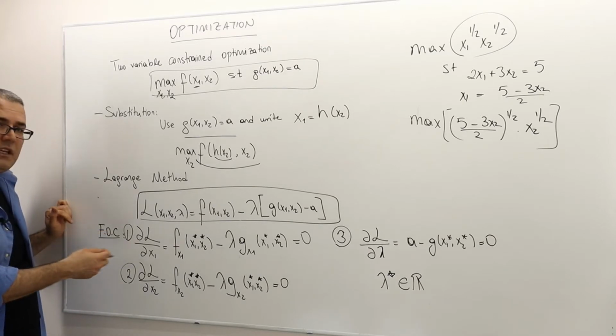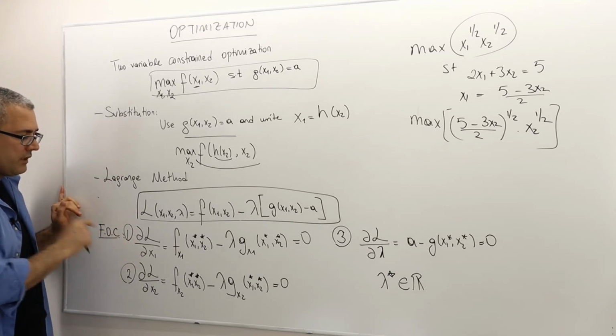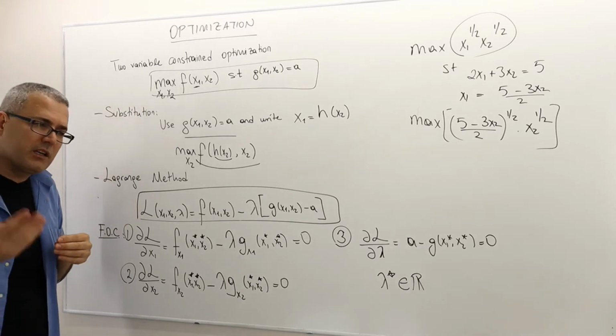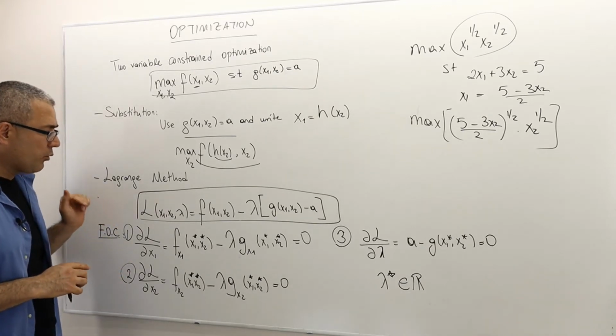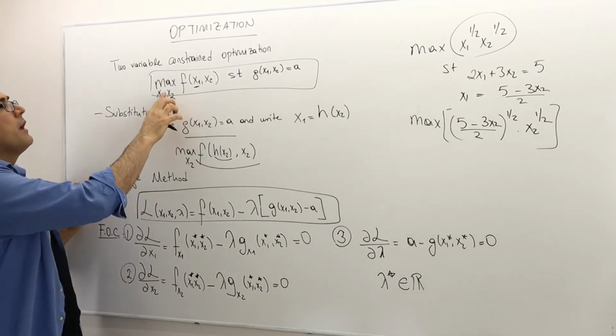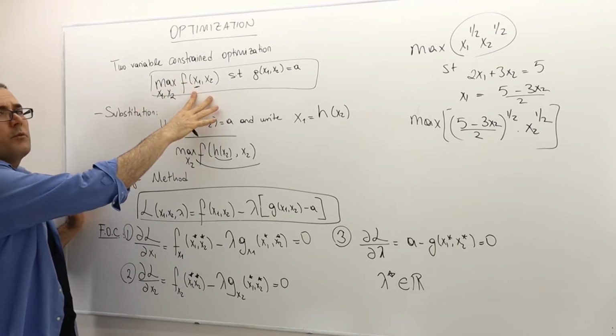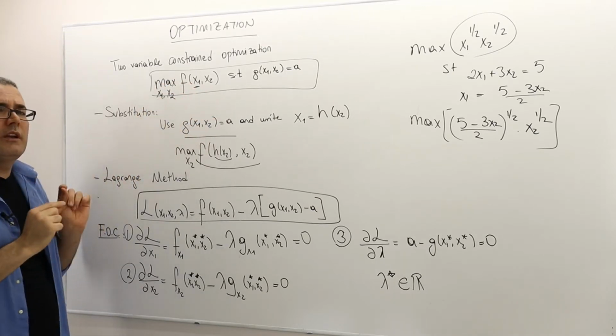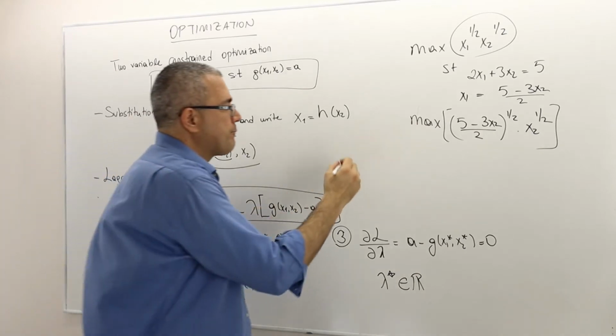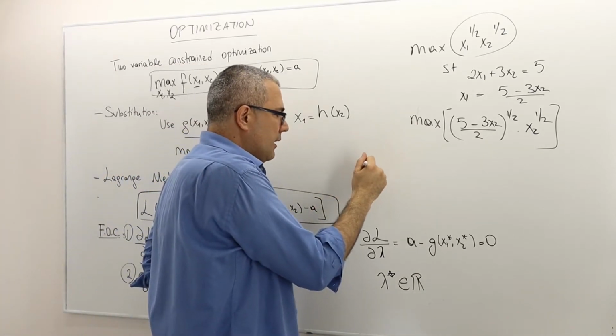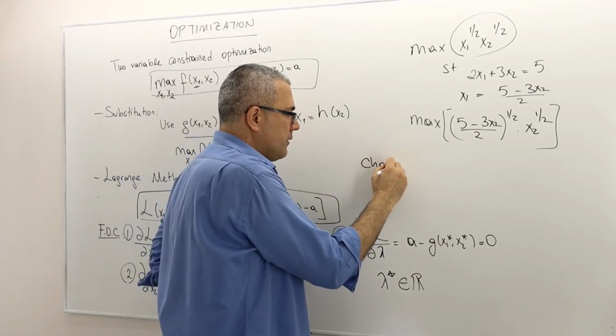All right, so FOC, first order conditions. What does that mean? Meaning you're finding the critical points. Here though, the important thing is, normally I am maximizing this objective function by choosing x1 and x2, the choice variables.